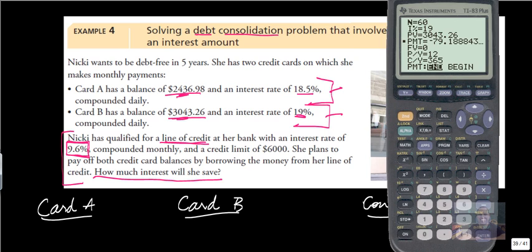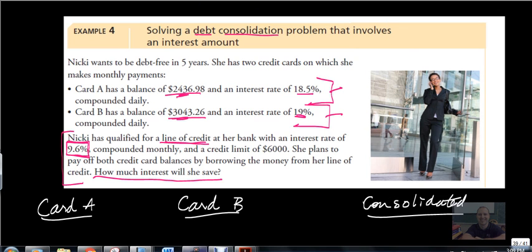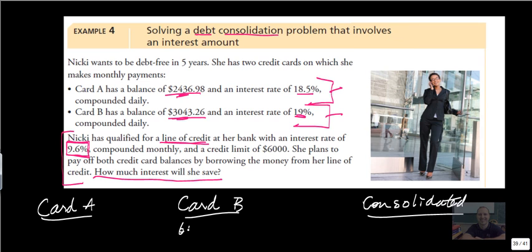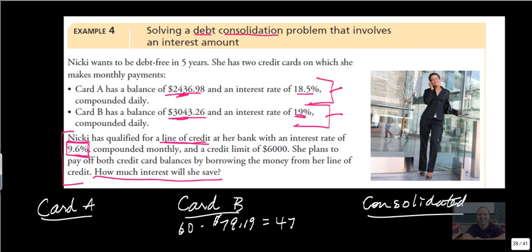We're going to figure the total amount that we'll have to pay for card B, and that is going to be 60 times 79, let's say 19. 60 payments of $79.19, $4,751.40. Okay, that's the total amount that she'll pay. So it's 3,000 plus. It's going to be a little bit more, right? $1,700.